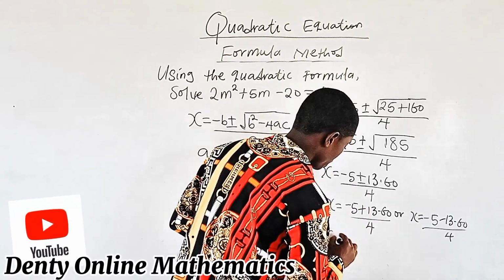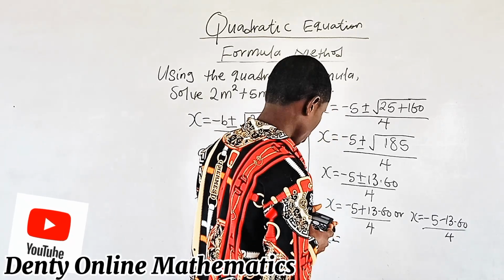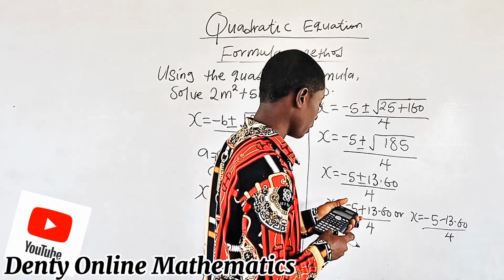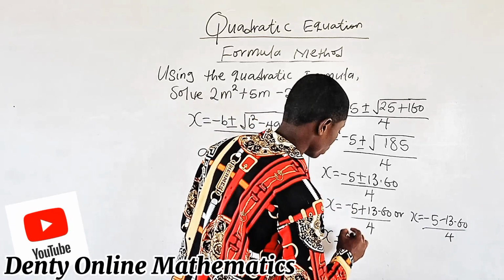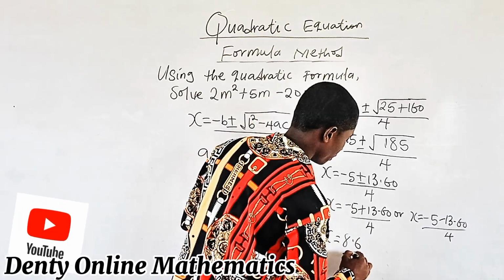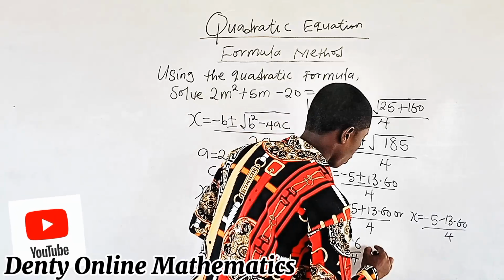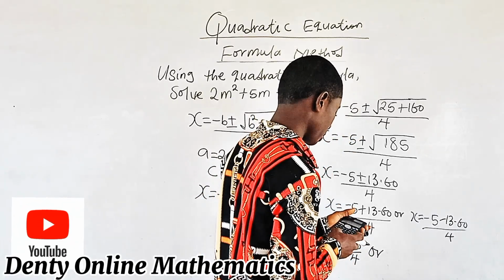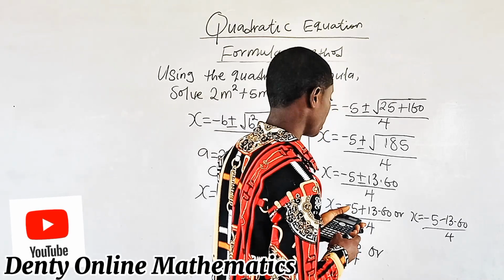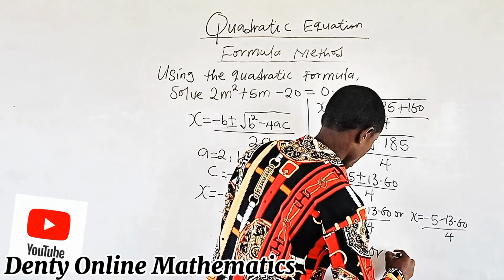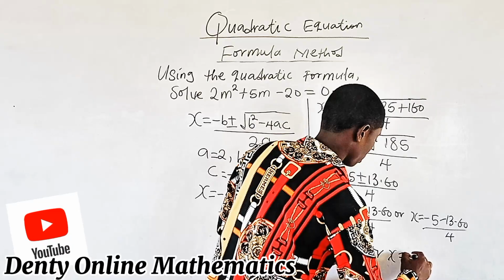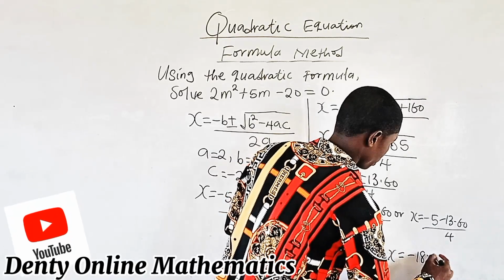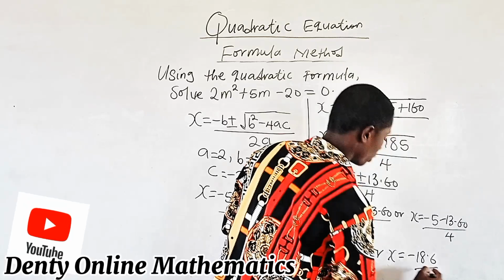Now, let's take this. Our x will be equal to minus 5 plus 13.60, which will give us 8.6 divided by 4. Or now minus 5 minus 13.60 will give us minus 18.6, divided by 4.